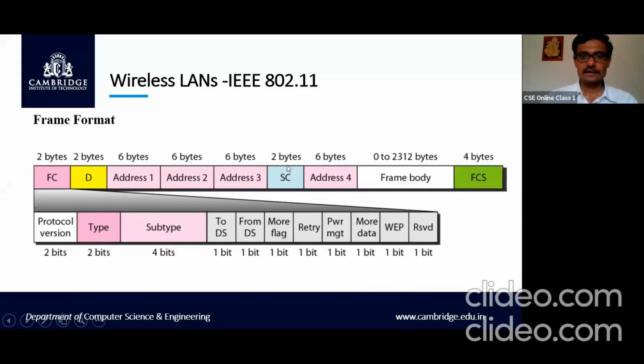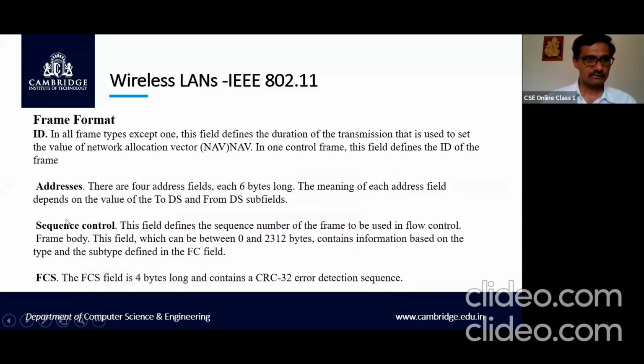Okay. Then SC, sequence control. So it defines the sequence number of the frame to be used in the flow control. As I have discussed earlier in the flow control, we discussed the stop and wait protocol.